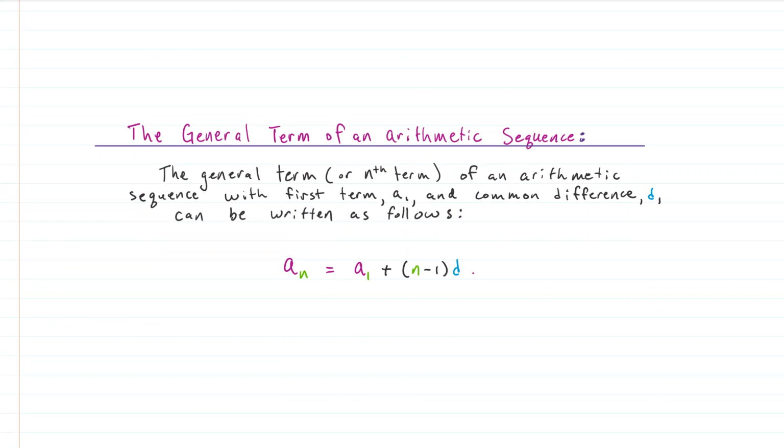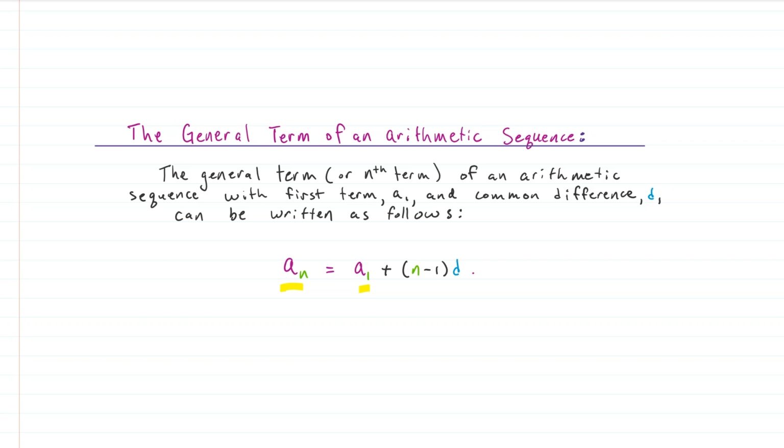The general term of an arithmetic sequence can be written like this. A sub n, the nth term in the sequence, equals a sub 1, which is the first term of the sequence, plus n minus 1 times d. D is the common difference, and n is the number for the nth term.